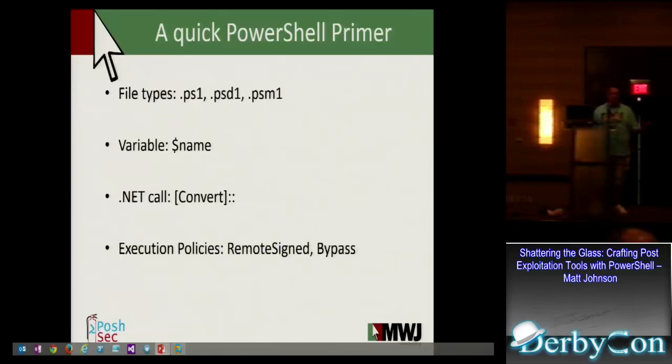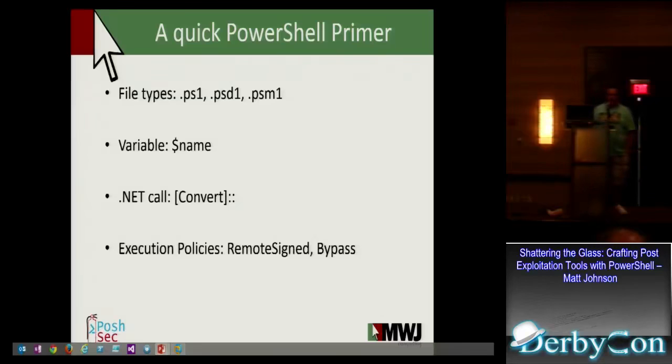And then execution policies. Basically, this is to keep people from doing something stupid on their computer. It's not a security feature whatsoever, but if you get a file off the internet, you can't just straight away run it. You can, but by default you can't.